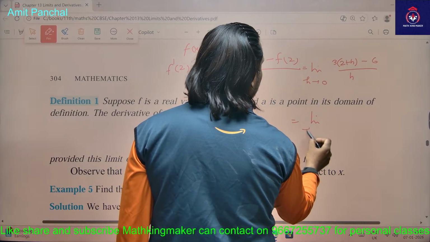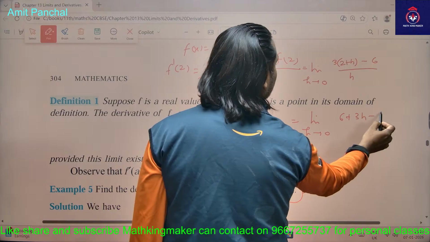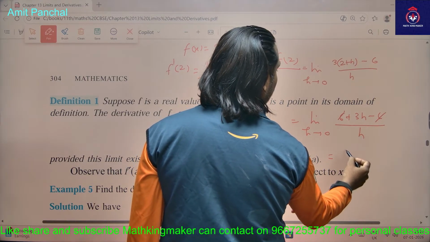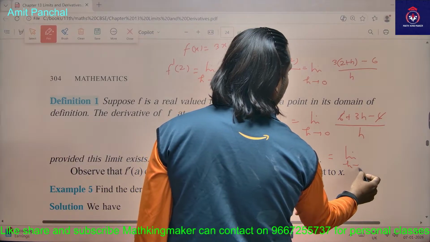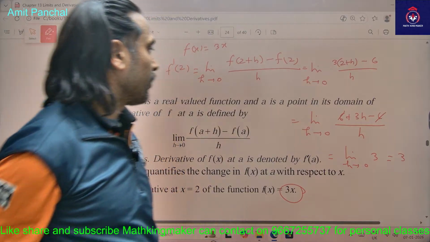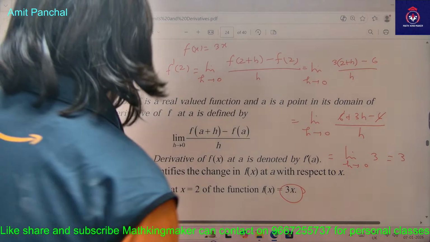So limit h tending to 0, 6 plus 3h minus 6. So h cancelled, limit h tending to 0, 3. So that will be 3. Sir, I got the correct one. Got it now? Yes, sir.